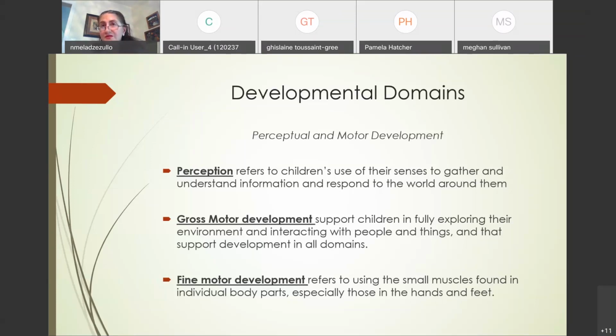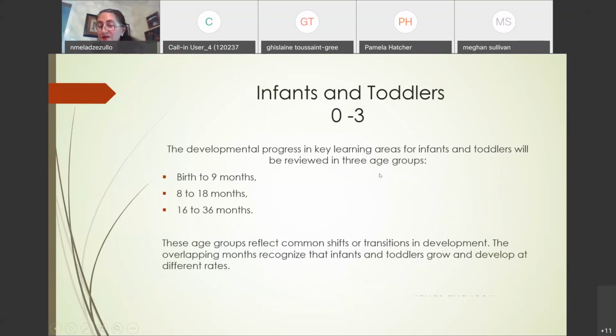And of course, those skills later help the child to start grasping pencils, and then start writing. So this is all crucial and basic developmental milestones that the child needs to go through to be ready for school.